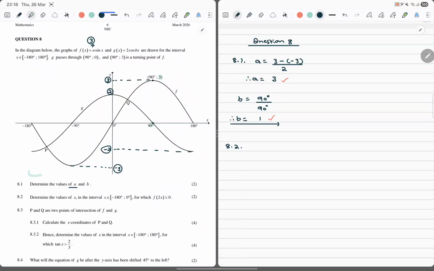Now determine the values of x in this interval, -180 to 0. So we're moving from here all the way to here, where f of 2x is less than and equal to 0. Okay, all right. So obviously, guys, if this is the case, when we multiply this, we make the period a bit shorter. What's going to happen?